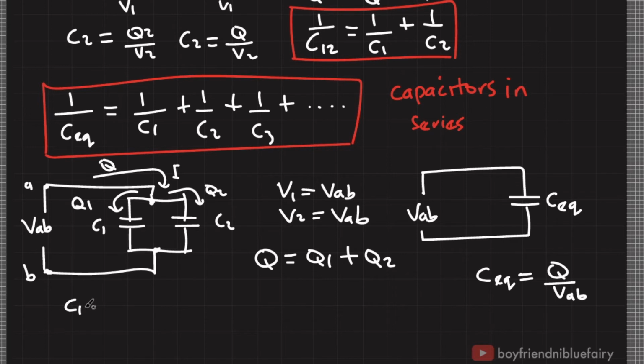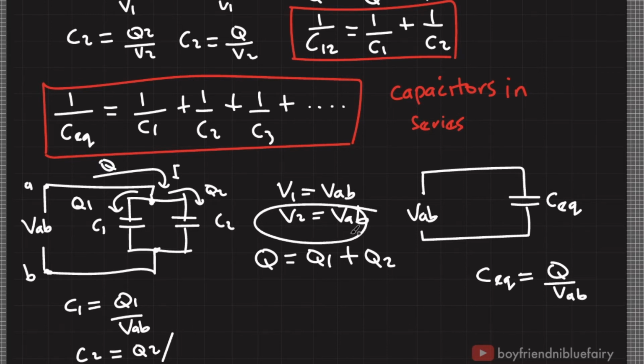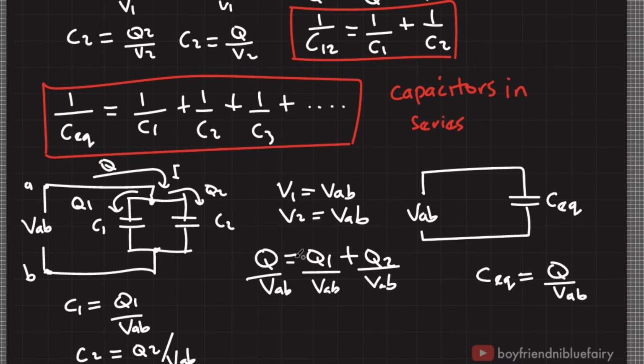Capacitor 1 has a capacitance of Q sub 1 over V sub 1, but since V sub 1 is equal to V sub AB, I'll rewrite it with V sub AB, and C sub 2 equals Q sub 2 divided by V sub 2, but since V sub 2 is equal to V sub AB, I'll write V sub AB. Now if I divide both sides of the equation by V sub AB, I'll end up with an expression for equivalent capacitance.